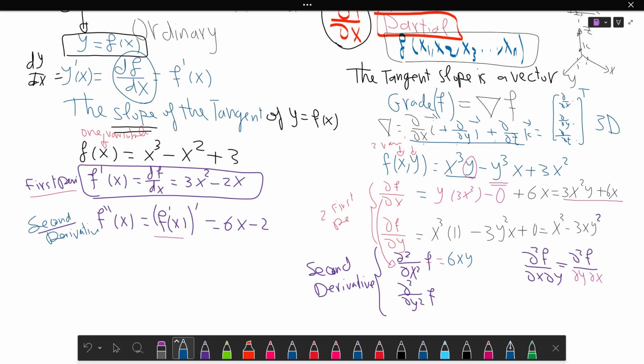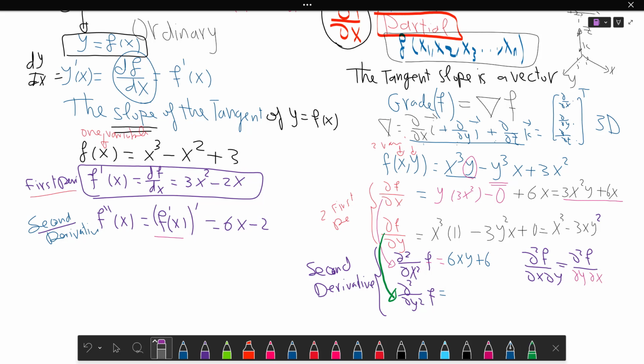6xy plus, excellent, brilliant. The second one, you go for the derivative with respect to y, right? So you take this one to here. You differentiate with respect to y, so you have to consider x as a constant. Yeah, a mistake is good.